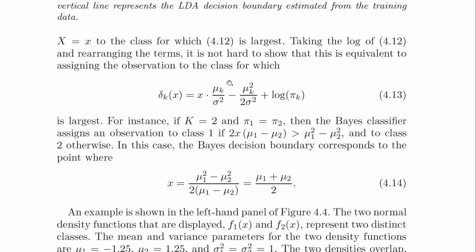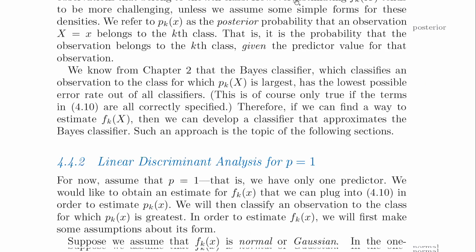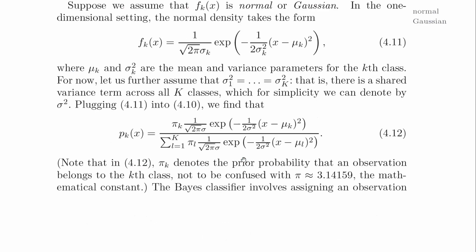And the very final thing that we said, and we kind of started doing it in Microsoft Word, but I think I'm going to abandon that line of inquiry, is that we're trying to maximize. We're asking ourselves which k maximizes the probability that the response is class k given x.